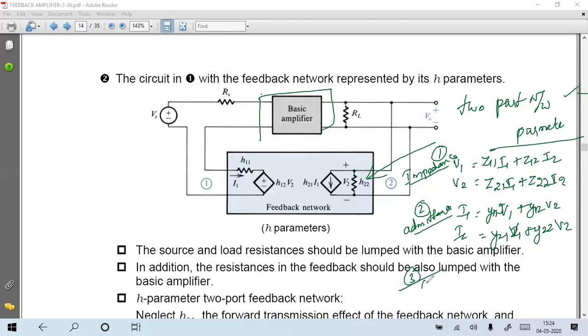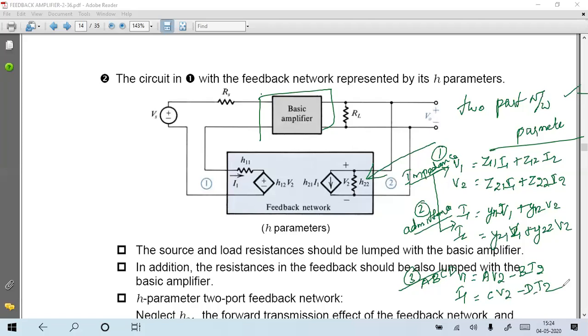The third network is the ABCD network. Take V1 from the first equation, the impedance one, and I1 from the second, the admittance one, and keep them on the left hand side. So V1 and I1 on the left, and on the right hand side, A V2 minus B I2, and C V2 minus D I2.